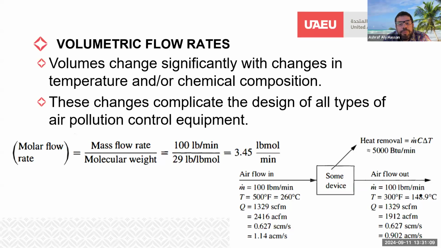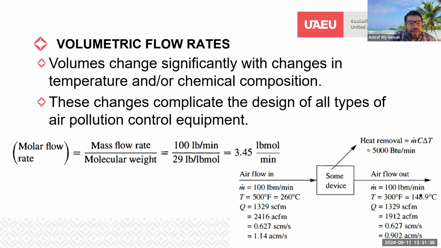The changes complicate the design of all types of air pollution control equipment. So we usually look at molar flow rate rather than volumetric flow rate, because the amount of moles is constant, while the amount of volume changes, since gas is a compressible fluid, different than water.